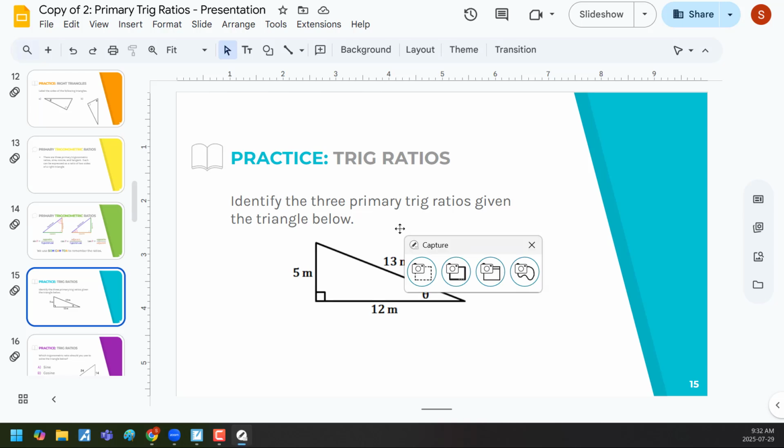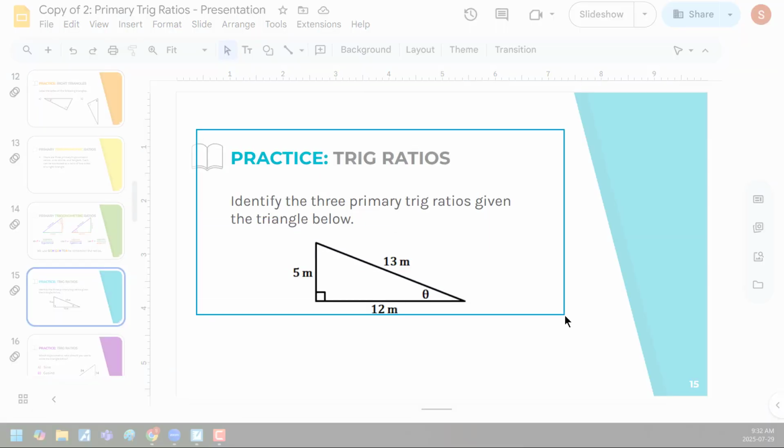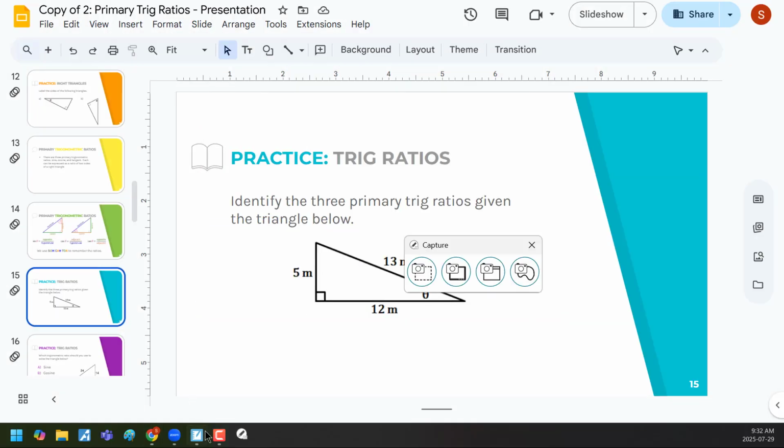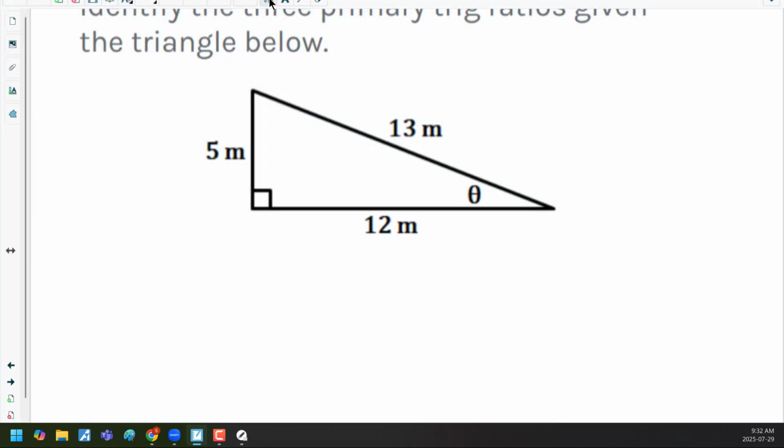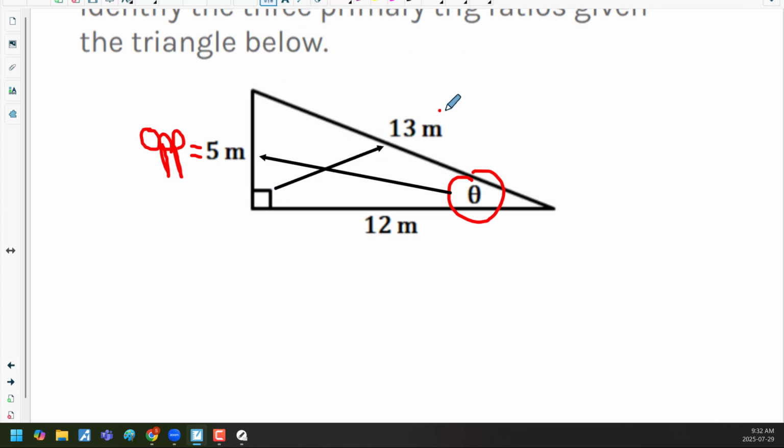Now I'm going to do one example for you, so you understand exactly what I mean. Our angle is here. That's very important. The very first thing you need to do is to label your triangle. So 5 is my opposite side. 13 is my hypotenuse.